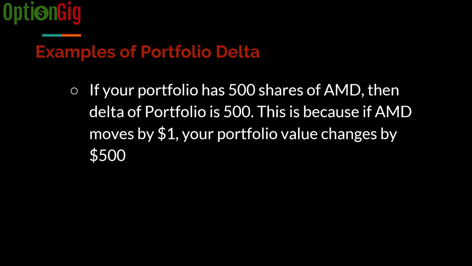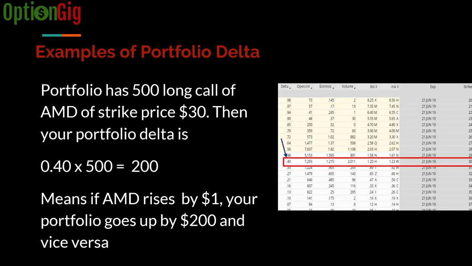Let's say your portfolio has 500 shares of AMD. Then the delta of your portfolio is 500, because if AMD moves up by $1, your portfolio value changes by $500. Hence, the delta of your portfolio is 500 because you have only one stock, which is AMD.